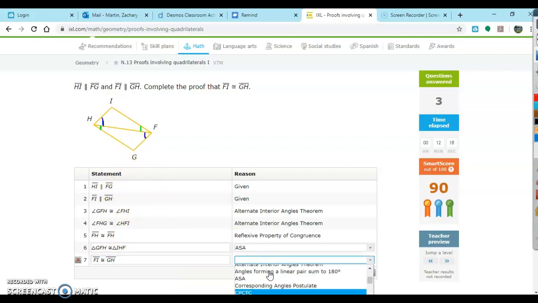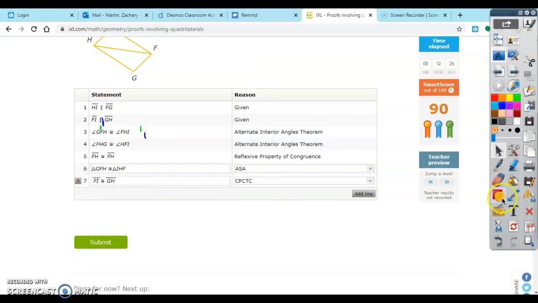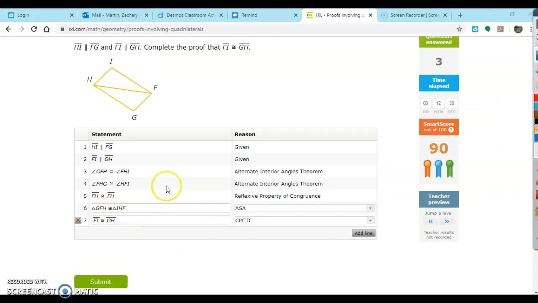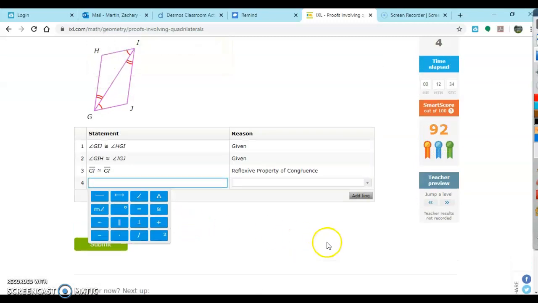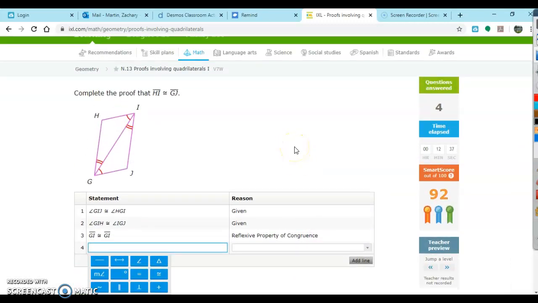Well, that follows once we've proven that the triangles are congruent. Let's see if I can find it in our list. There it is. And we should be good to go. I'm going to get rid of those annotations. I showed that the triangles were congruent based upon the information given. Hit submit. Awesome. Fantastic. Well, you've got a few more problems like this as you move through the challenge zone.